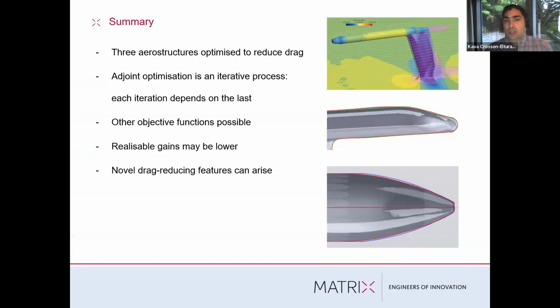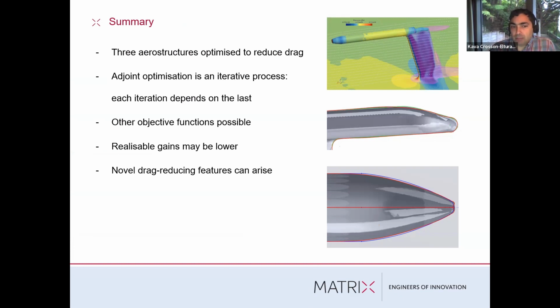So in summary, we looked at three aerostructures optimized just to reduce drag. It's an iterative process where each iteration depends on the last, so it's a progressive solution that builds on its prior success. There are other objective functions possible. You might not realize the full gains that the adjoint solver reports if you don't implement all of those fine features.